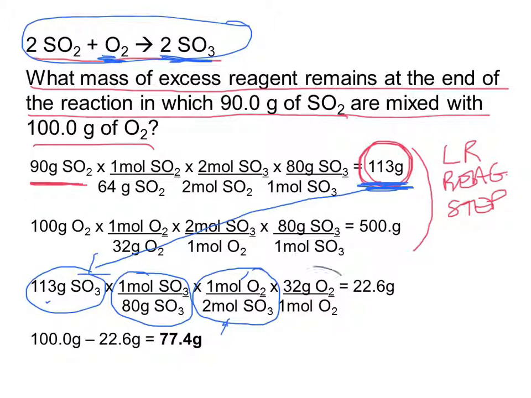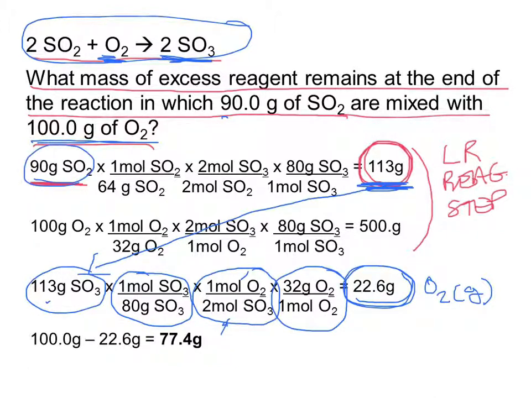And then I need to convert back to grams of oxygen because I was given grams of oxygen here. If I was just given moles of oxygen, I could leave it here, but I'm given grams, so I need to go back into grams. And I've done that by the molar mass, and it's determined that I need 22.6 grams of oxygen gas to fully react with 90 grams of SO2, right?